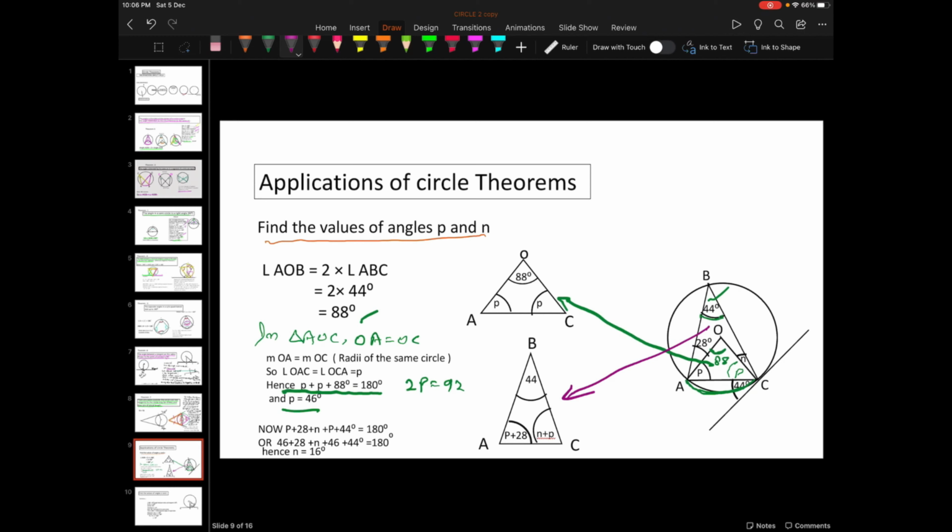Hence we can write P plus 28 plus N plus P plus 44 is equal to 180 degree, or 46 plus 28 plus N plus 46 plus 44 is equal to 180 degree. Hence N is equal to 16 degree, which is the value of angle N.